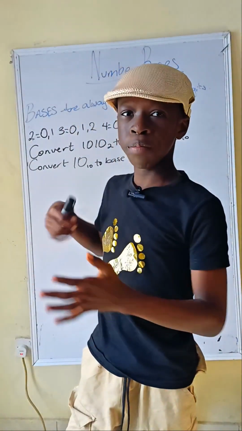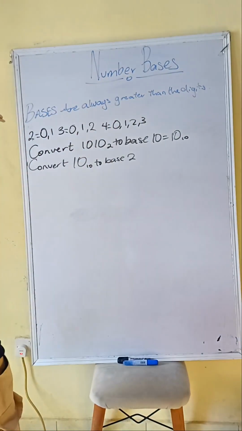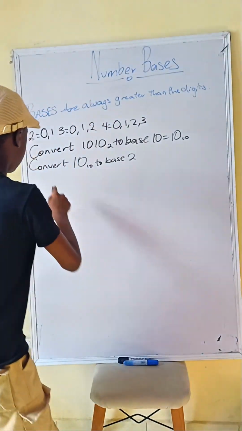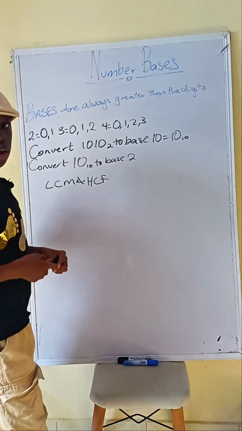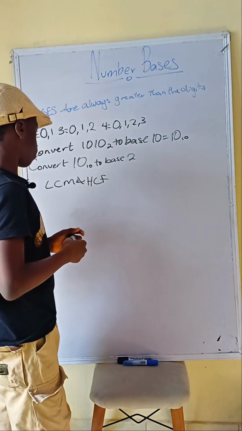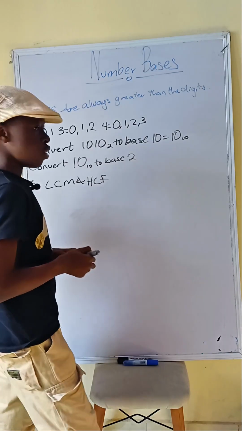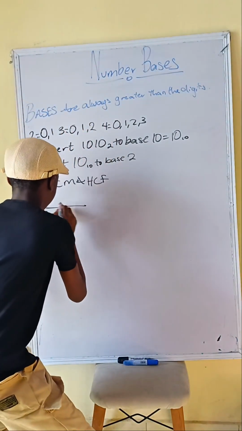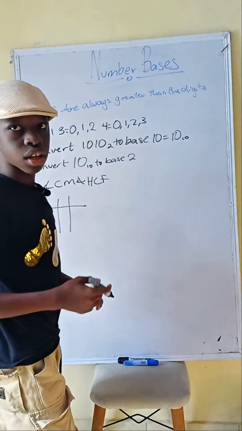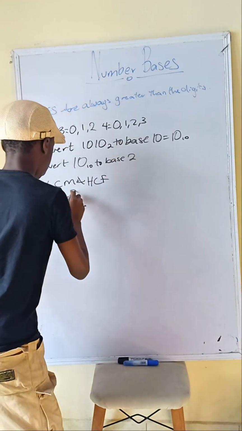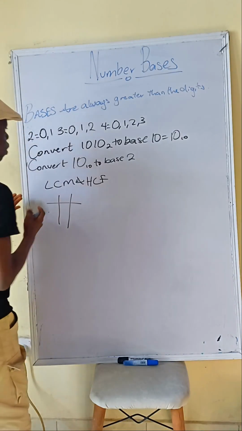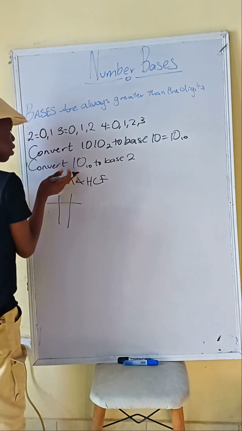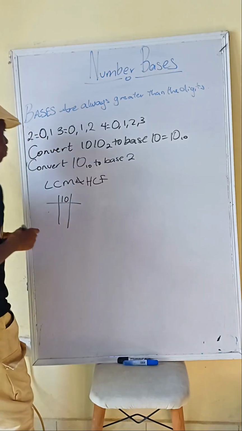When you want to transform base 10 back to any other base, you can use the tabular method. You might recognize it in LCM and HCF. So let's make a table consisting of 3 columns. Then this 10, we put it here.